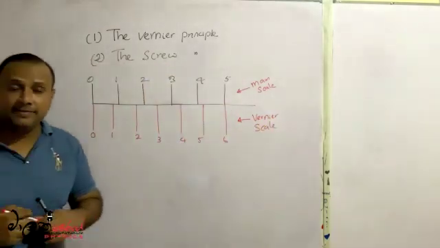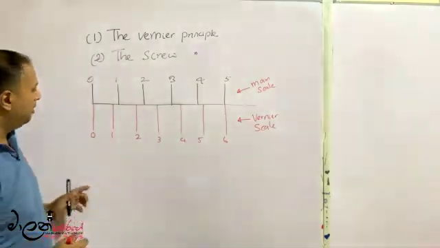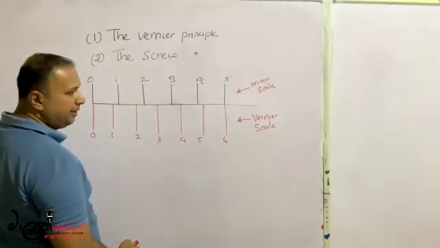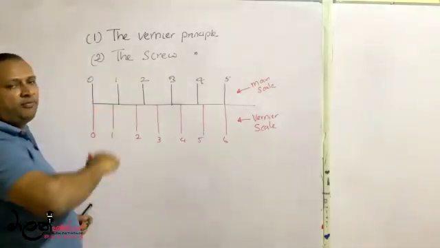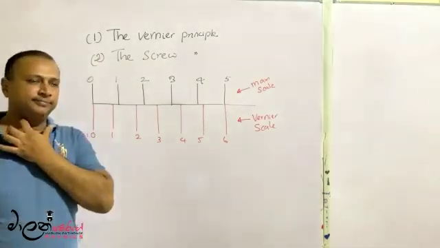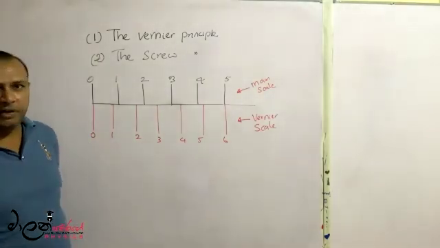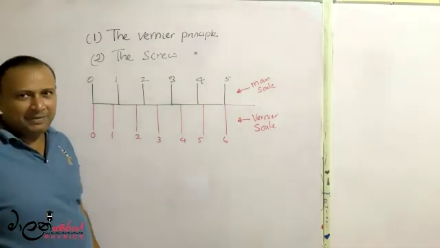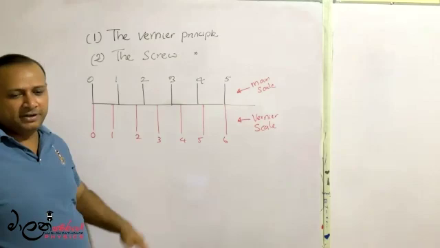Vernier scale is made by dividing a certain length of the main scale into another number of divisions. Did you get my point?